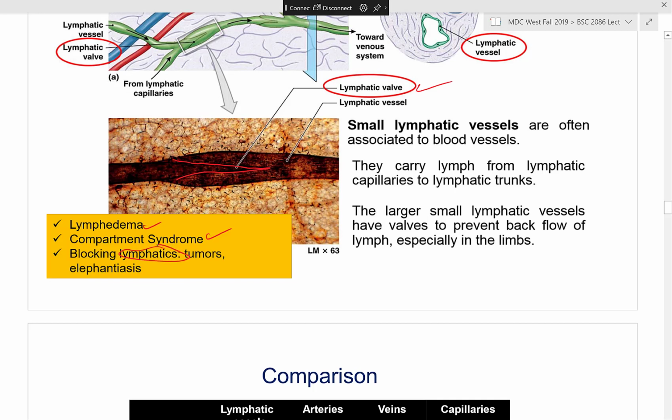Most of the time it is a viral infection of your lymph nodes. If your lymph nodes are occluded, then as you can think, as the lymph vessels return the lymph from the lower or upper extremities and encounter a lymphatic node that is occluded, then the lymph cannot move forward, correct?